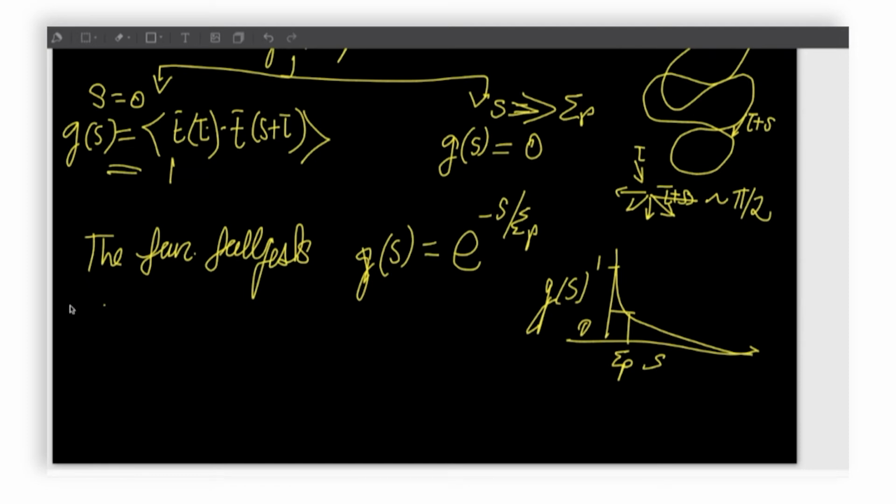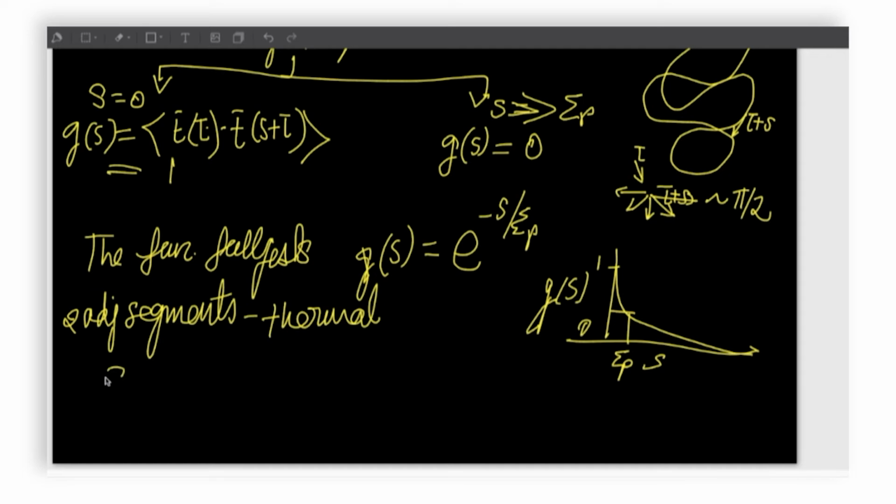The second line of evidence is that when there are two adjacent segments, and they are buffeted by thermal effects, that is diffusion, then the correlation function g of S1 plus S2 should effectively, due to the fact that they are independent of each other, be the product of g of S1 and g of S2.